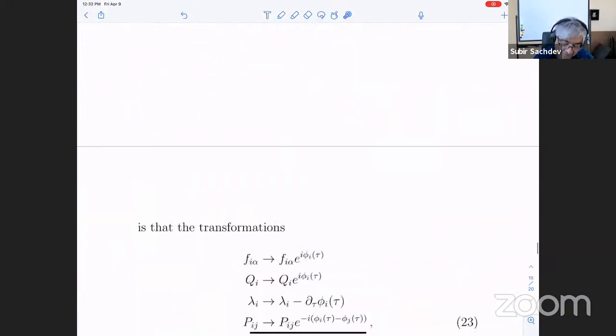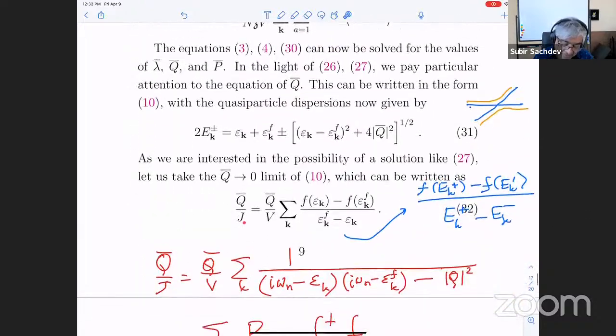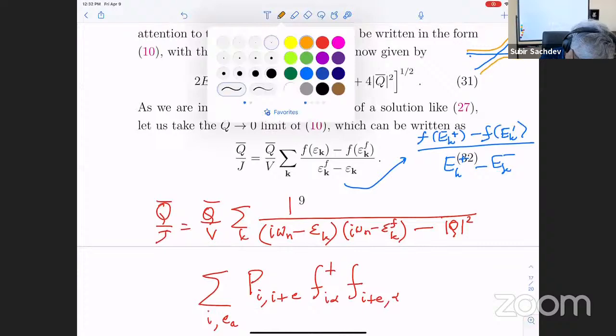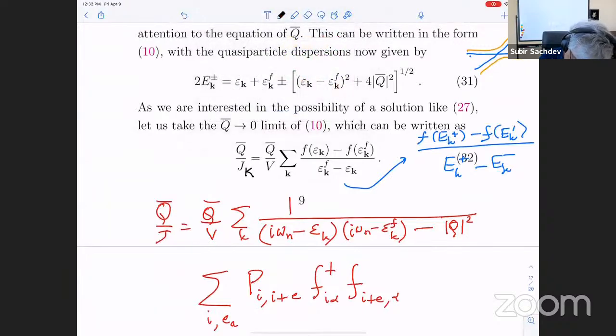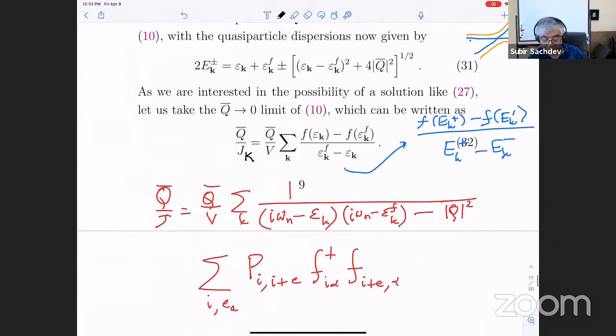Okay, so as J goes to 0, so for very small coupling, but this should be J_K. That's a mistake. This is J_K. I'll fix that. Because we are really looking at the value of Q bar, not the value of P bar.